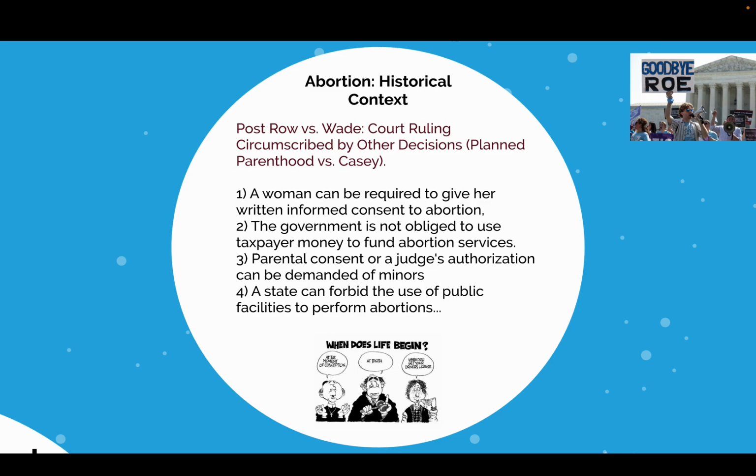Wade. The court ruling was circumscribed by other decisions, such as Planned Parenthood versus Casey, which required that a woman can be required to give her written informed consent to an abortion. The government is not obliged to use taxpayer money to fund abortion services. Parental consent or a judge's authorization can be demanded of minors, and a state can forbid the use of public facilities to perform abortions.